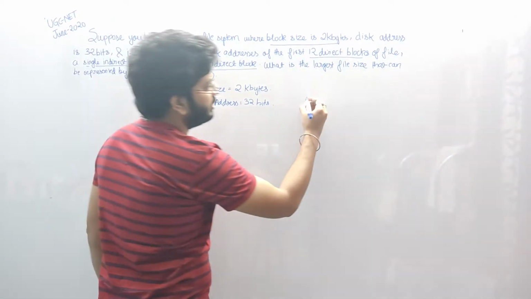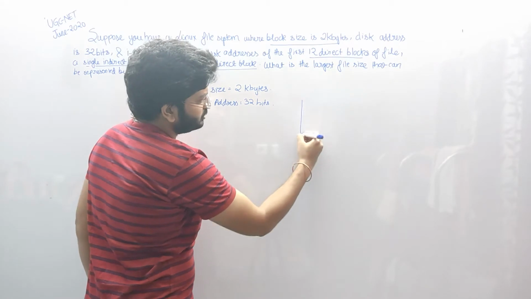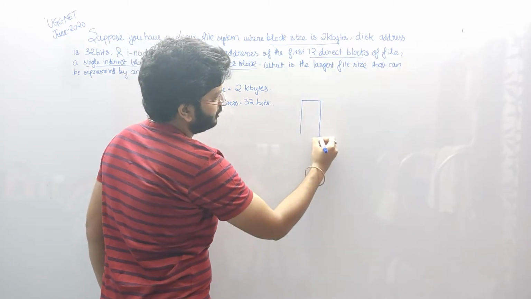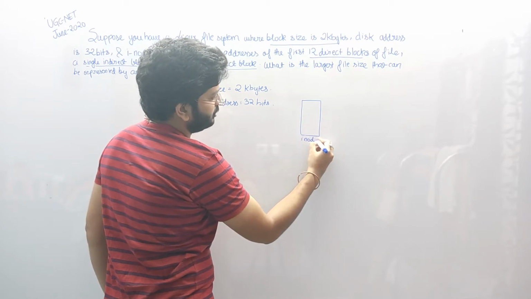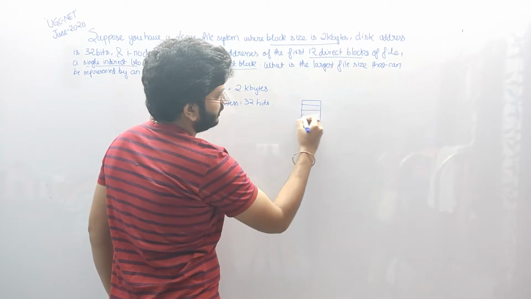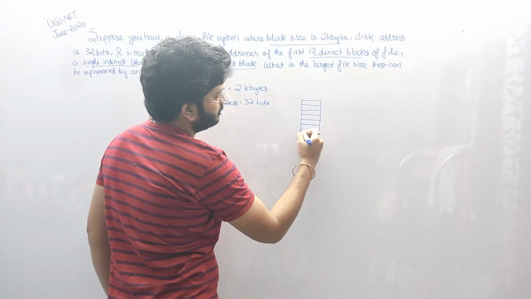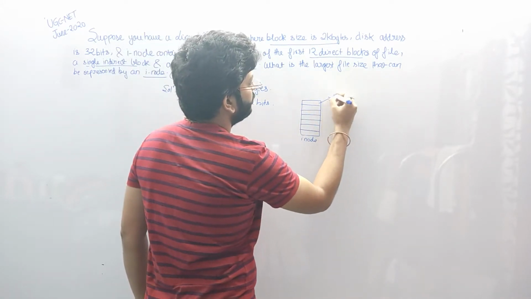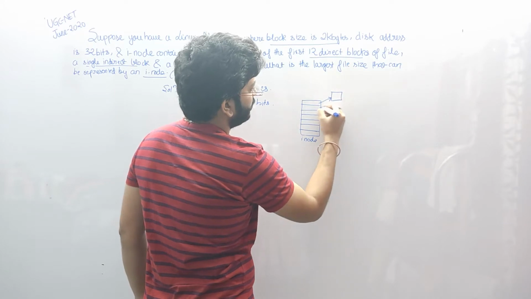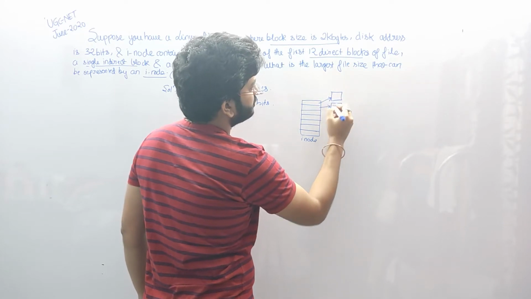See here I am representing it diagrammatically. Suppose this is an inode, okay, index node. It has been divided into blocks. So suppose these are my pointers to different address blocks.